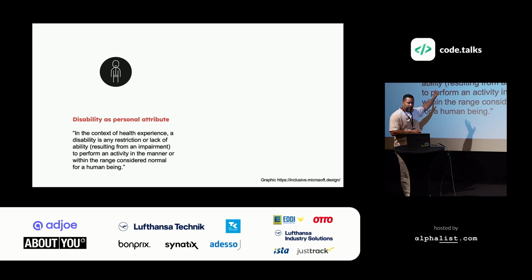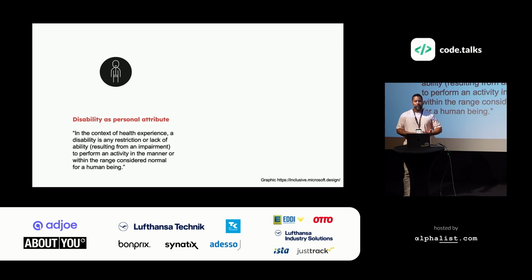Because disability was defined in the 1980s by the World Health Organization with this definition, which said that in the context of health experience, a disability is any restriction or lack of ability resulting from an impairment to perform an activity in the manner or within the range considered normal for a human being. So the fault lies with the person with the disability. They are out of the range of what is normal.